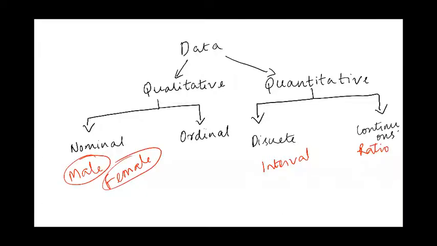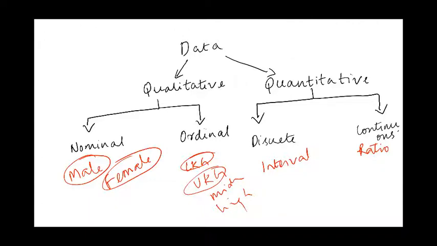Ordinal data is also like nominal data. However, it can be arranged, like LKG, UKG, middle school and high school. These things can be arranged in order. However, we don't know what the difference between these is. It cannot be quantified, and they are not numericals. So this is ordinal data.